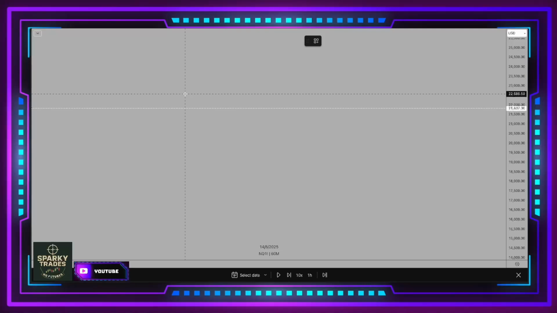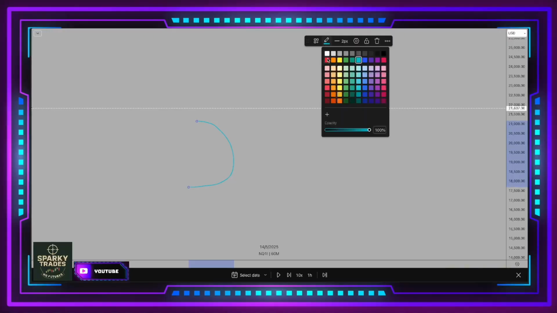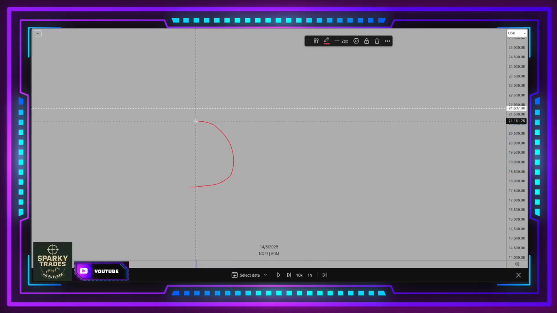This is what we're looking for: a D-shaped distribution with the value area high, the value area low, and point of control.